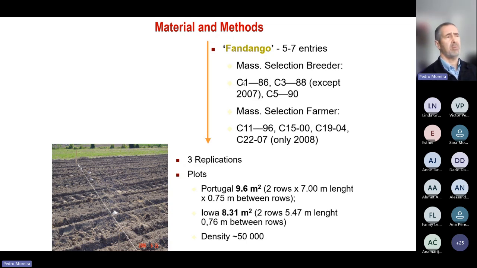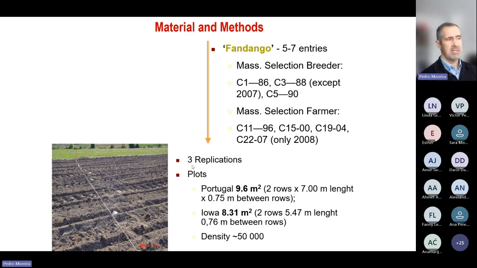So not randomly, but we select generally, for instance, cycle 1, cycle 3, cycle 5, etc. It's also important to know that at the beginning, the selection was done by the breeder, and then the selection was passed to the farmer. That had quite interesting implications in this process.